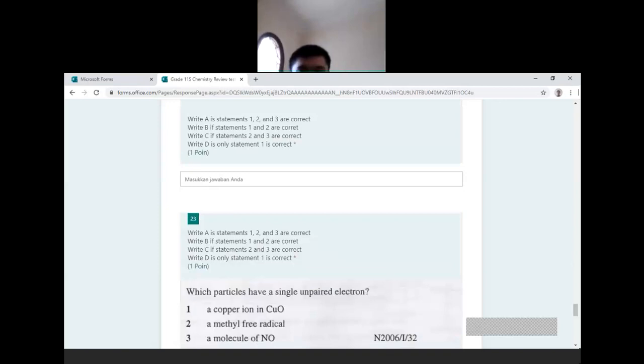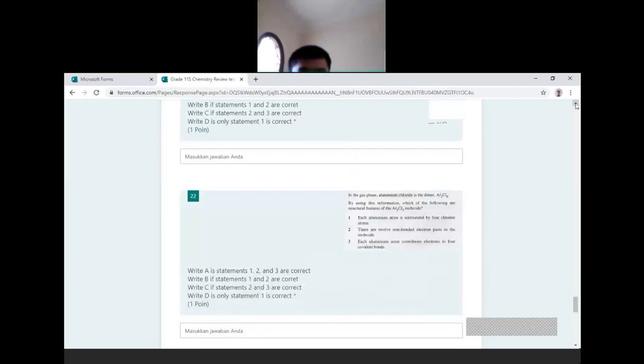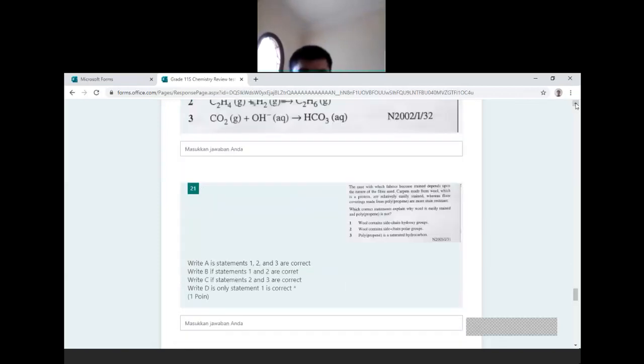Okay, and then next number. The ease with which fabrics become stained depends upon the nature of the fiber used. Carpets made from wool, which is a protein, are relatively easily stained, whereas floor coverings made from polypropylene are more stain resistant.